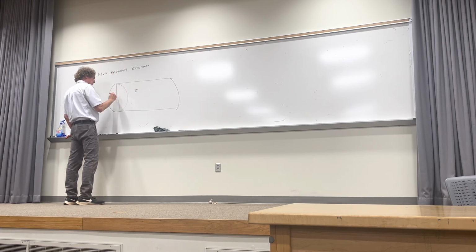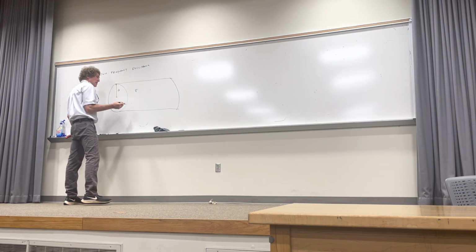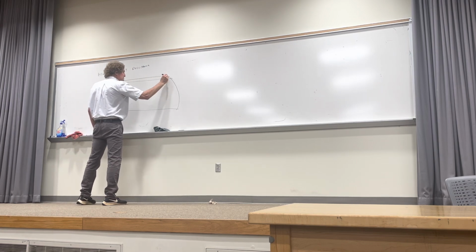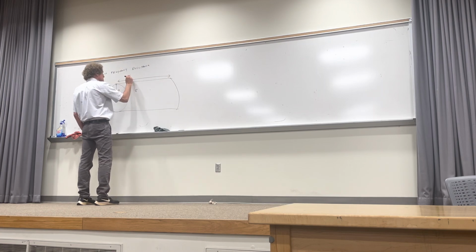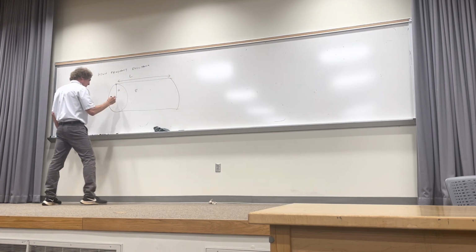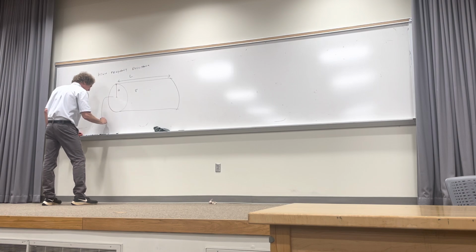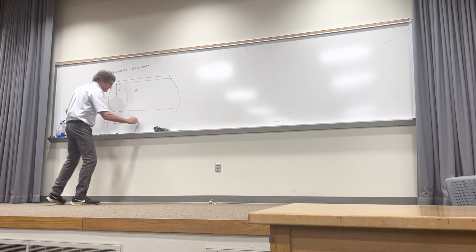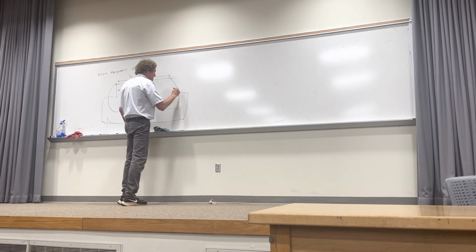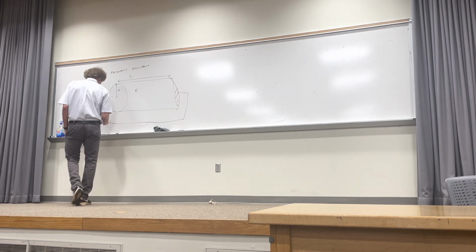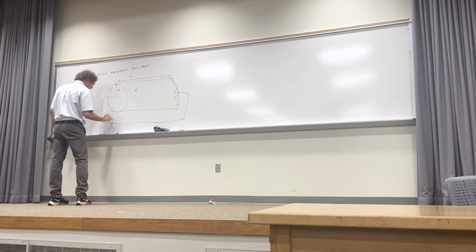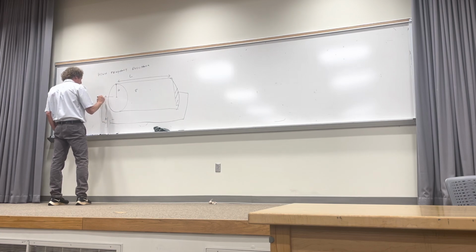And it's going to have a radius A. And it's going to have a length L. And I'm going to put a battery here, complete my circuit, assume the ends are metallized. And I'm going to drive a current through here.